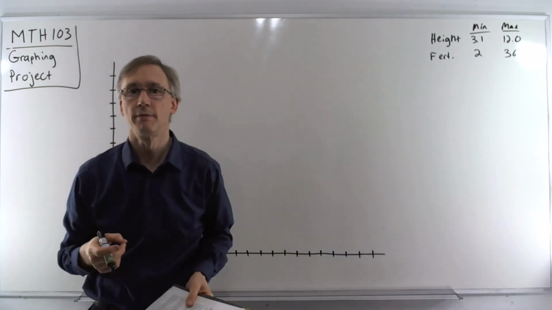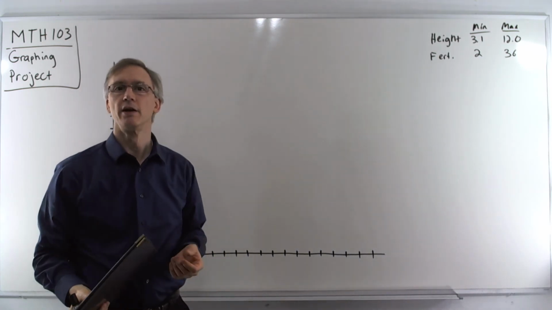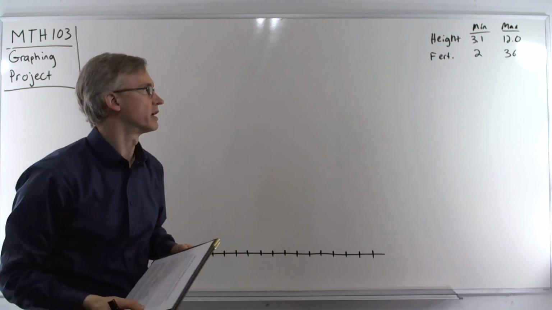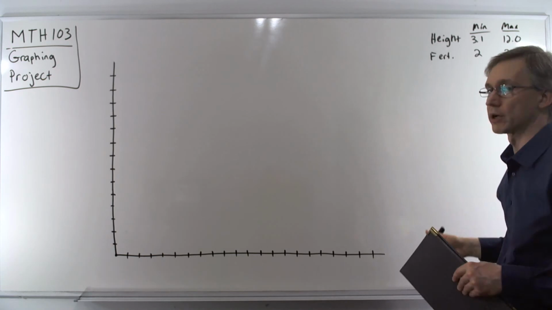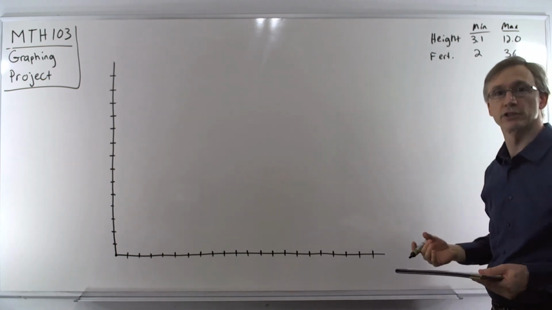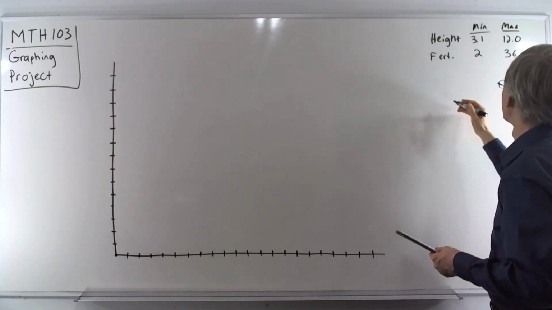Once you find the maximum and minimum values, now we're going to find what's known as the range. The range is the difference between the maximum and the minimum. As we've seen, difference is subtraction, so we're going to subtract the minimum value from the maximum value.